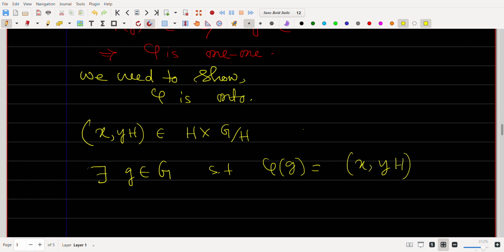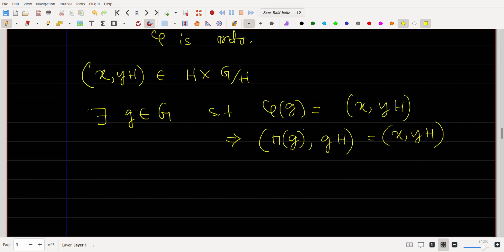Right, so phi of g equal to pi g comma gH, which is equal to x comma yH. We need to find this.